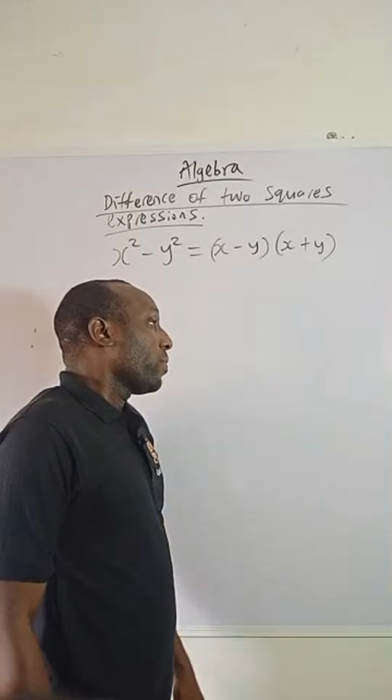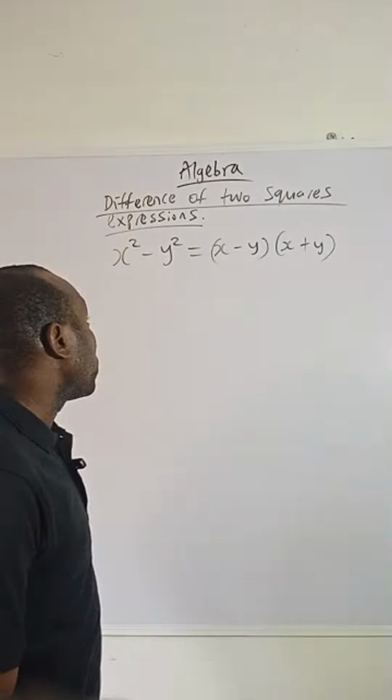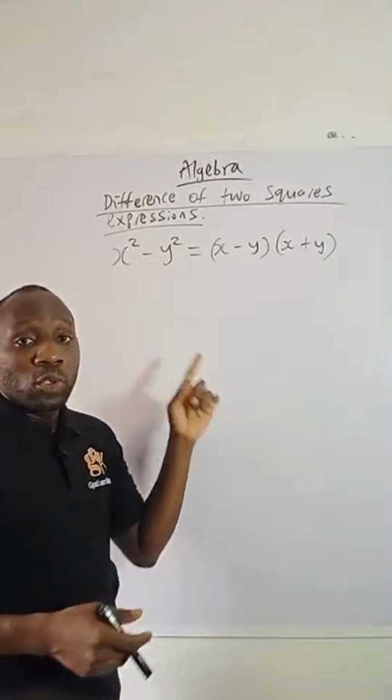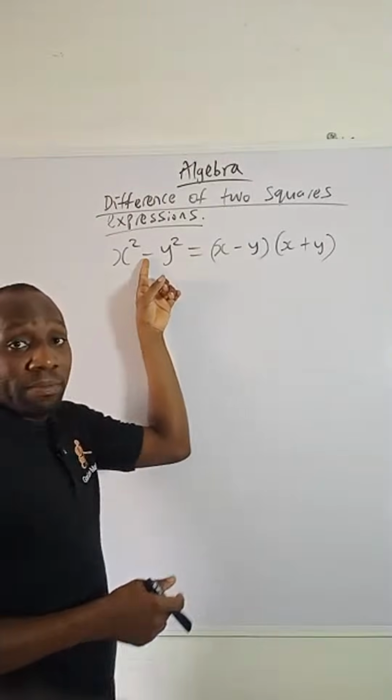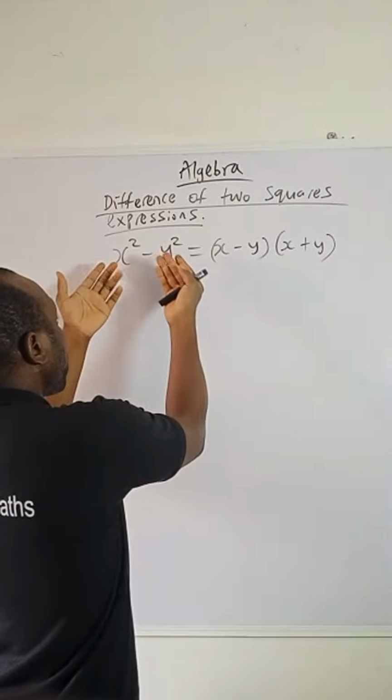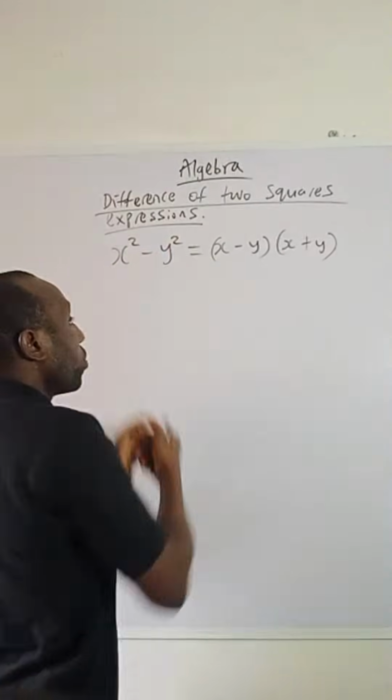So you may have heard of difference of two squares before or not. This is what we call difference of two squares. As you can see, you have difference, that's minus, of two squares, x squared minus y squared. Hence, it is called difference of two squares.